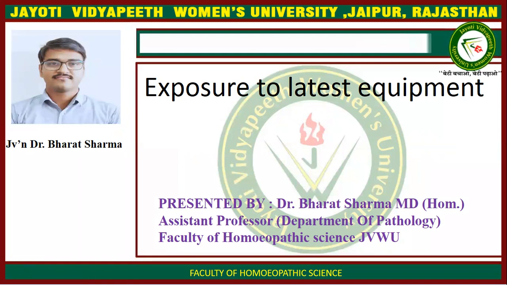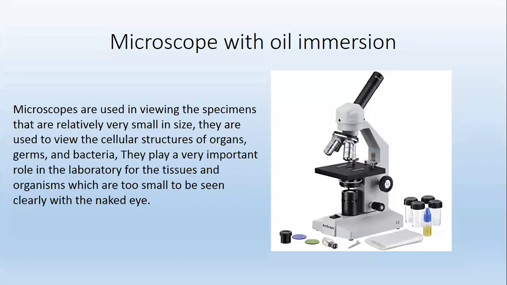In this practical class, we will learn exposure to the latest equipments in the laboratory. First is microscope with oil immersion. Microscopes are used in viewing the specimens that are relatively very small in size.